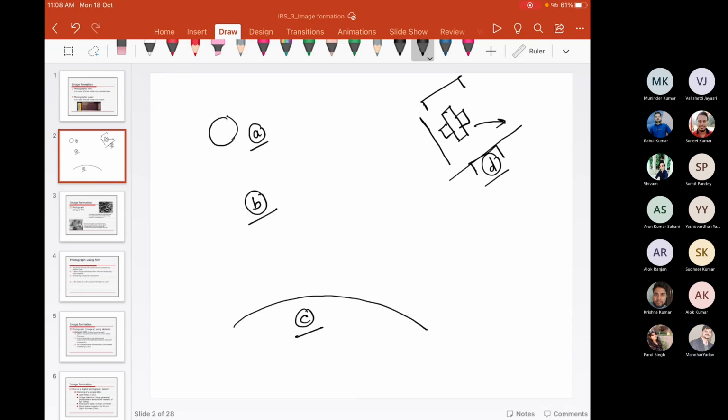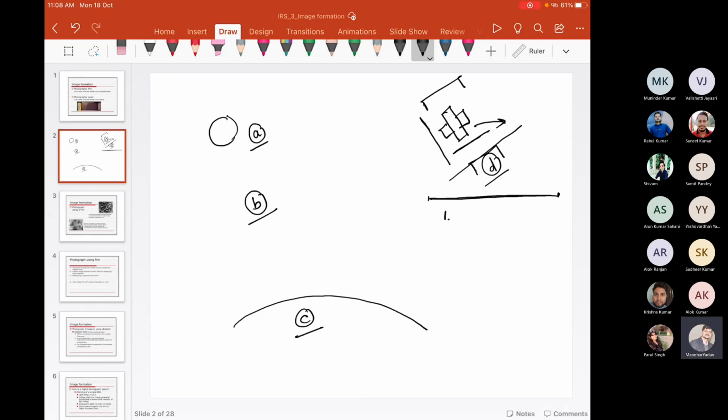We also discuss the type of sensing system. So at the sensor end, to understand the process of sensing the energy till generation of pixels corresponding to the ground resolution cell, we have certain important steps which we will cover in this lecture.